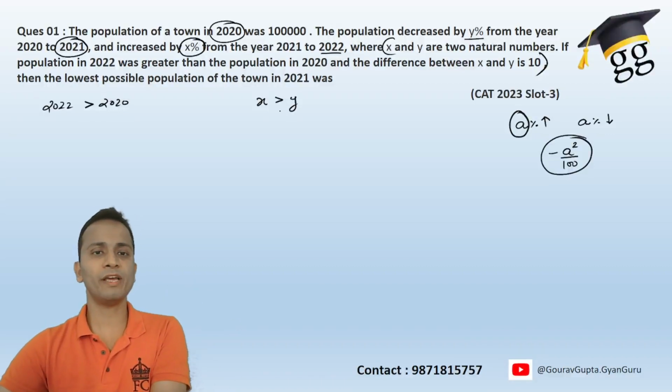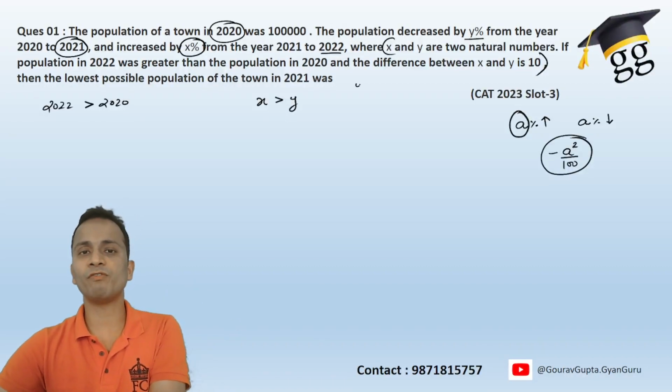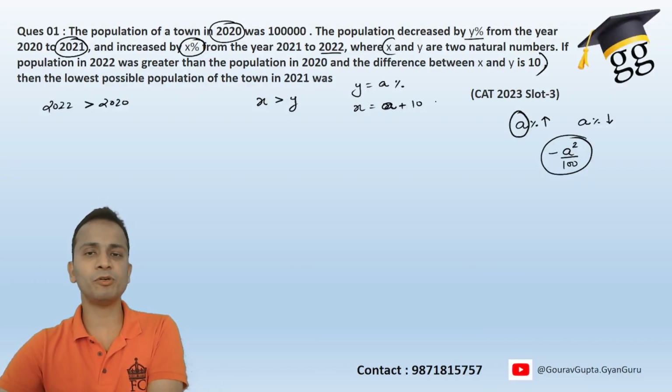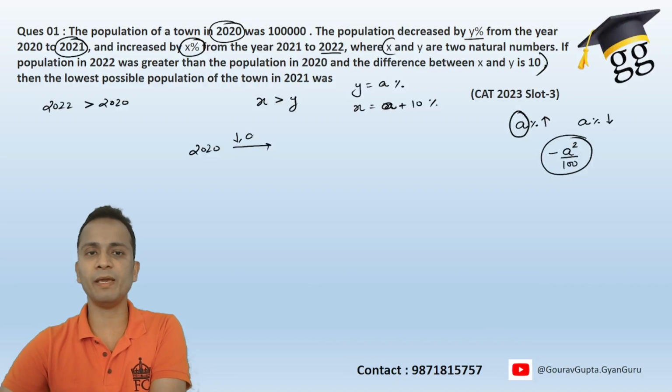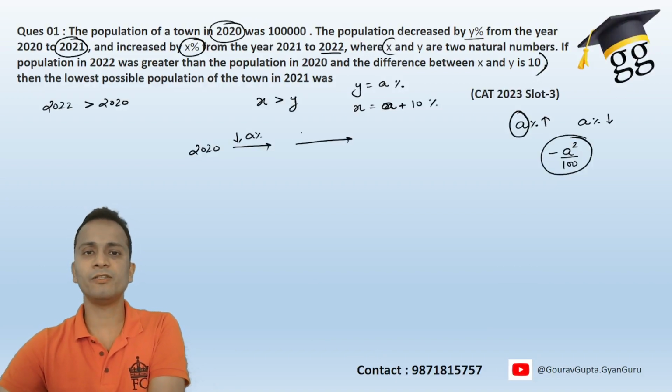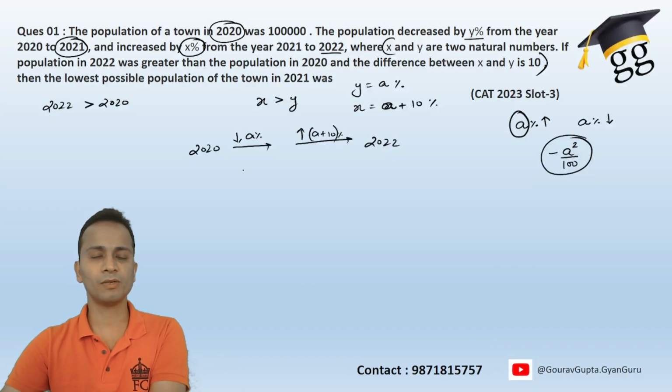So if I assume the value of Y as A, the value of X will become A plus 10. Y is a percentage, X will be A plus 10 percentage, right? So from 2020, first of all, there is a decrease of A percentage. Then there is an increase of A plus 10 percentage, right? I have got the value of 2022.